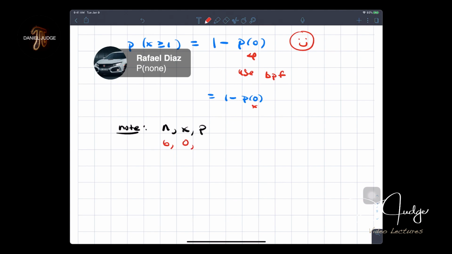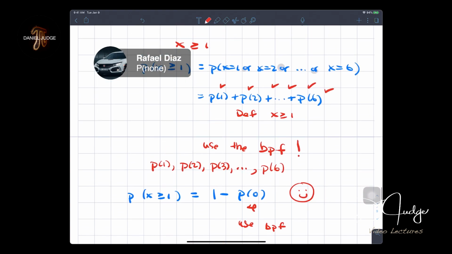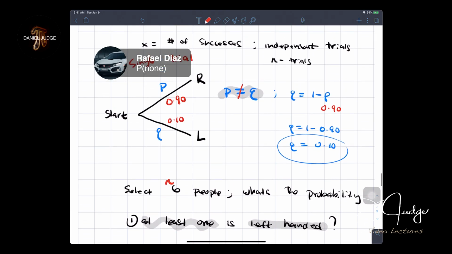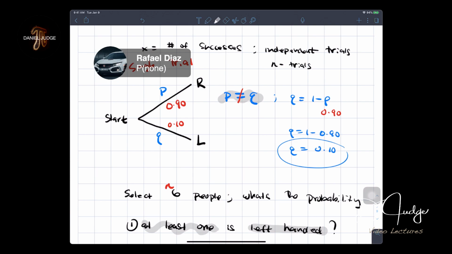Now, what's the probability of a success for a single trial? Well, being left-handed here is a success. So, ladies and gentlemen, for a single trial, here's my little p now. Be very careful. This is my point to you. Let X be, for our successes, whatever is in the question.